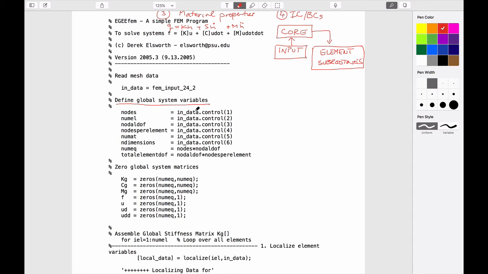That's how most commercial, large-scale finite element codes work, though it doesn't matter for us.